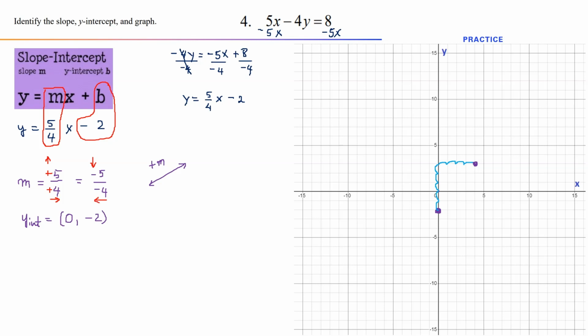So if we do the negative part, we go down 1, 2, 3, 4, 5. Then go to the left 4 units, 1, 2, 3, 4. Then we have another point right here. Then we can connect them. And like that.